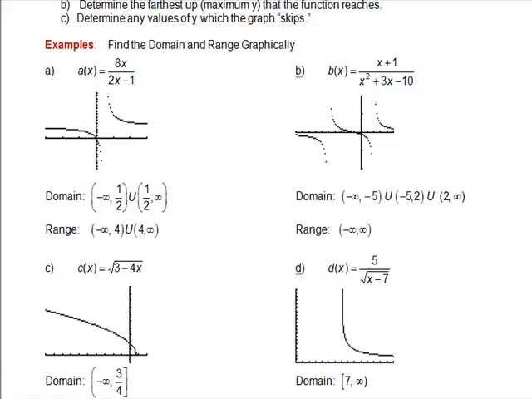Now the range. The range is kind of interesting here because if we look at this, it's fairly obvious that the graph is indicating to us that it goes down to -infinity and up to +infinity. But we have these pieces that have a break. So you'll notice that the piece on the far left and the piece on the far right appear to not touch the x-axis.